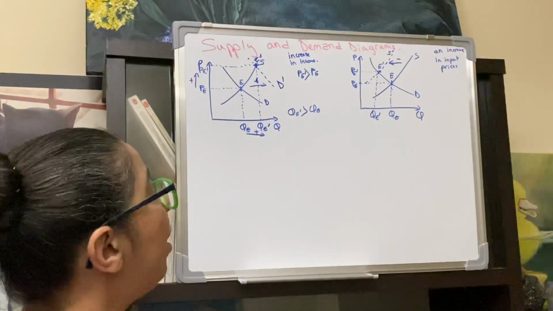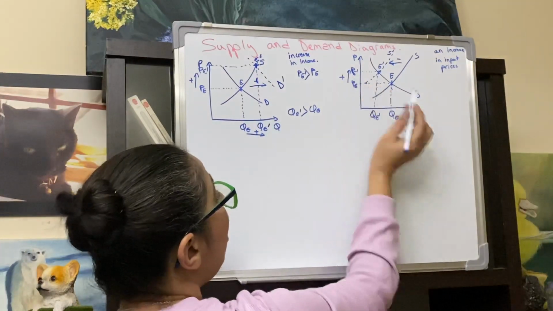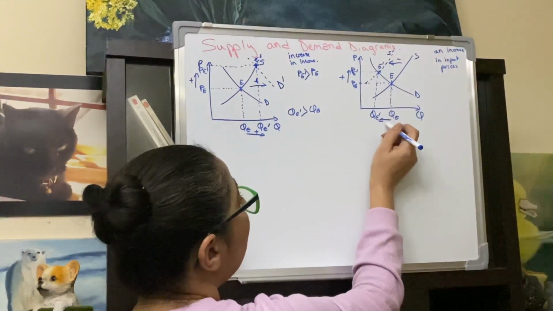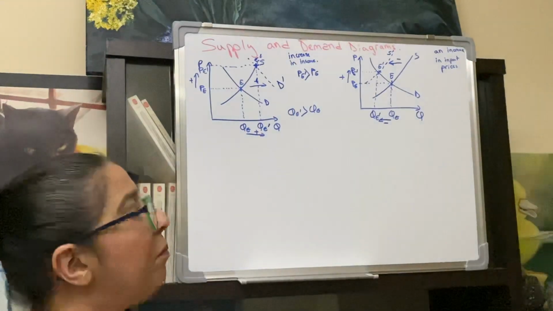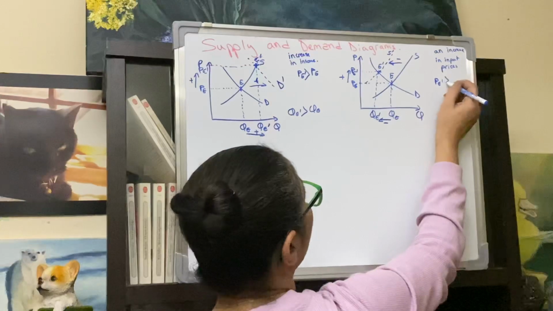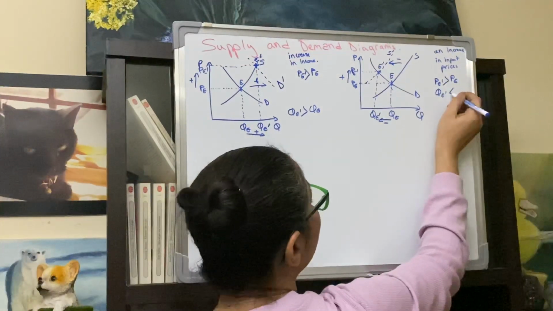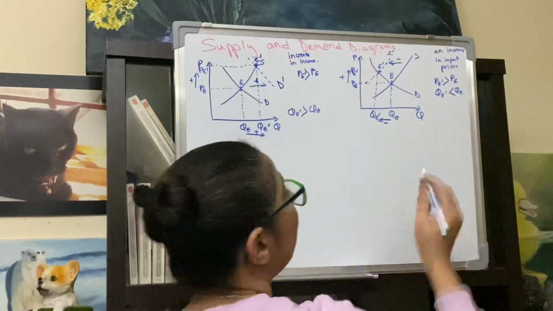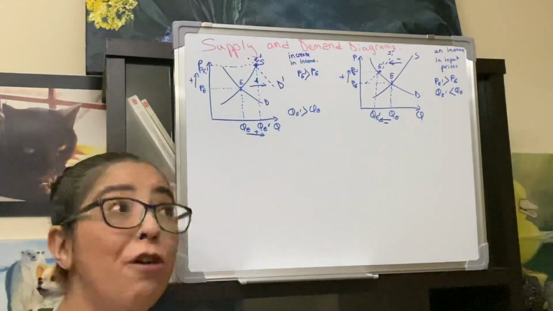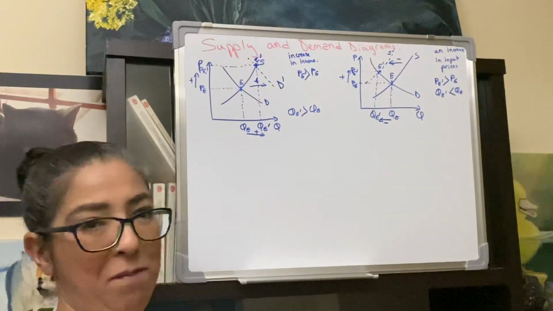So here, the prices are going to increase, but the quantities will decrease. You see it? So PE prime is greater than PE, and QE prime is less than QE. It's buying less for more. You buy less product for more money. Okay?